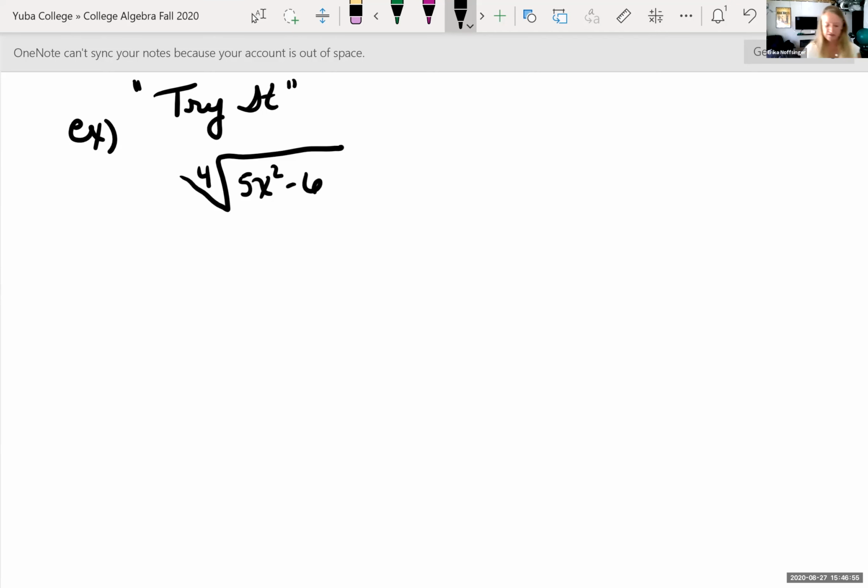And then we have an equal sign, and that is equal to x. So see if you can solve that. I'm just going to pause the video and give you about 5 minutes to work on this and see if you can do it.